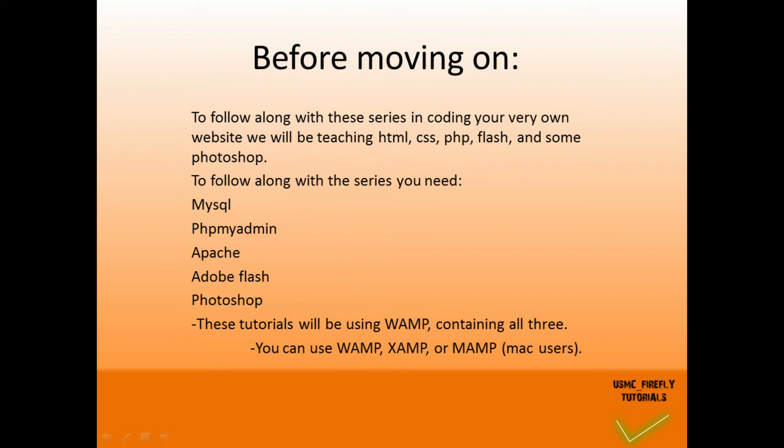These tutorials will be using WAMP, containing all three, MySQL, PHP, and Apache. You can use WAMP, XAMPP, or MAMP for Mac users. It doesn't matter, but I suggest using WAMP because that's what this tutorial will be using. Let's go ahead and take a look on how to get WAMP, Adobe Flash, and Photoshop. We will not be pirating any software in these tutorials, so I suggest purchasing Adobe Flash and Photoshop.